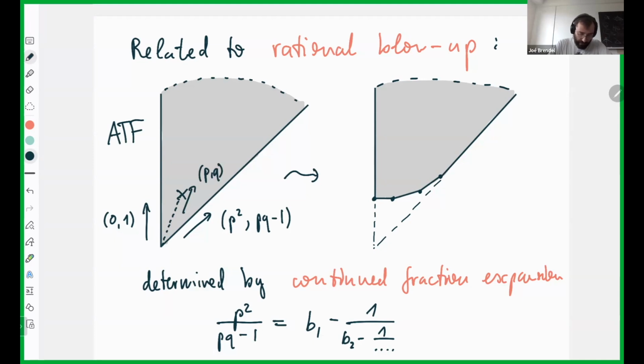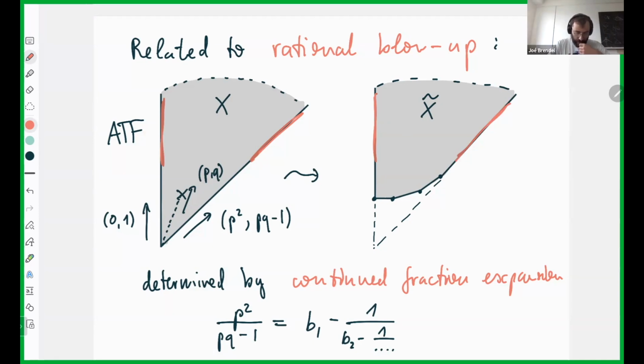Then you can find some region which, away from the almost toric stuff, looks the same but is toric. Namely, this region is the same as on this side here, this whole region.